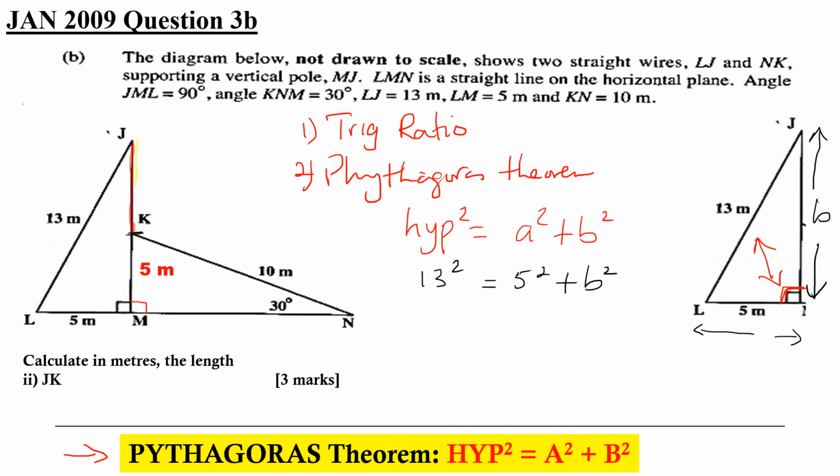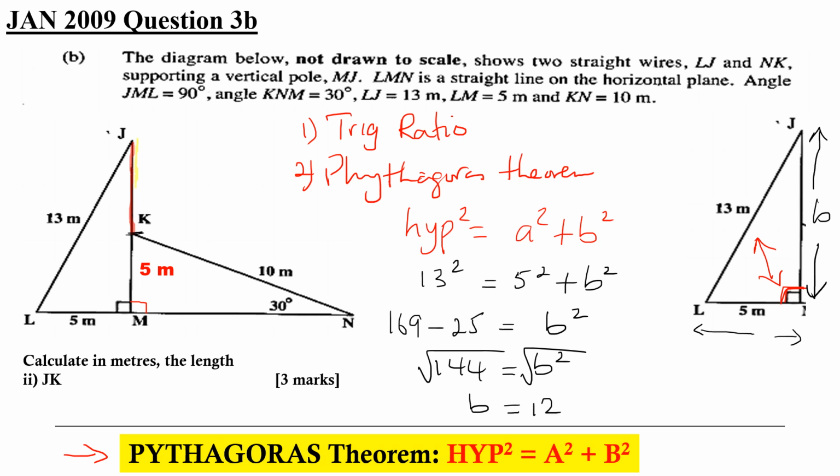So what I'll have to do is 13 squared is 169, and I'm going to move this 5 squared over the equal sign, and it's going to become minus 25. So if I take 25 from 169, I'm going to get 144, b squared. We want b though, so we square root both sides, and we're going to get b is equal to 12.